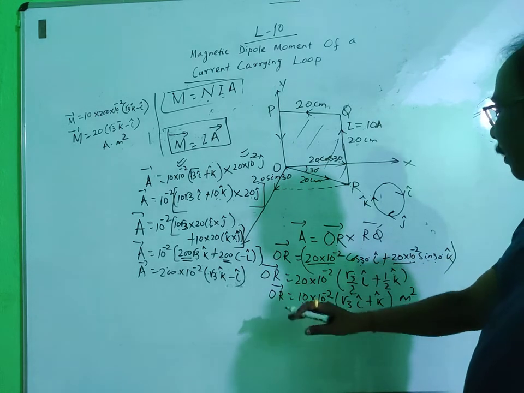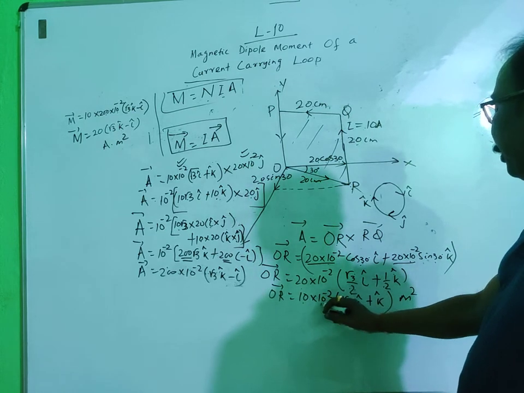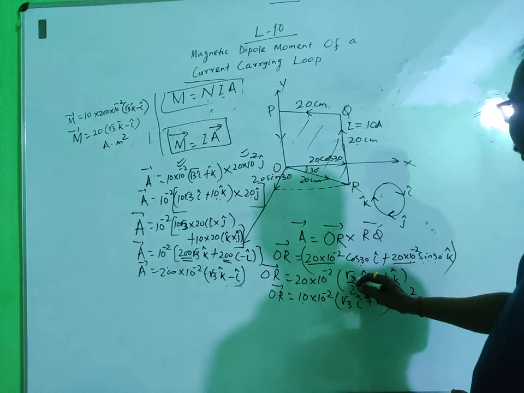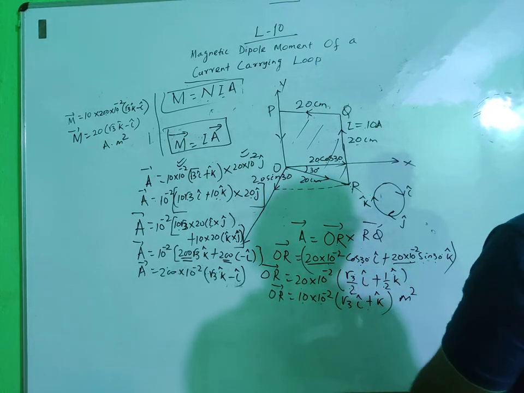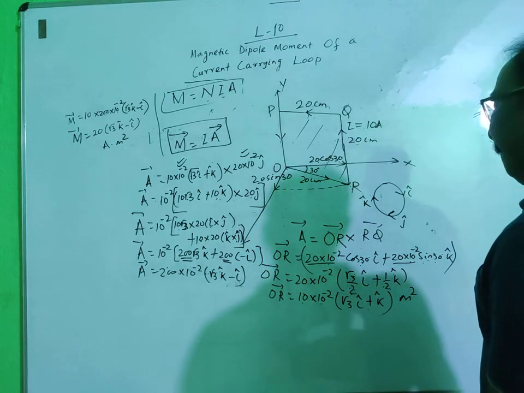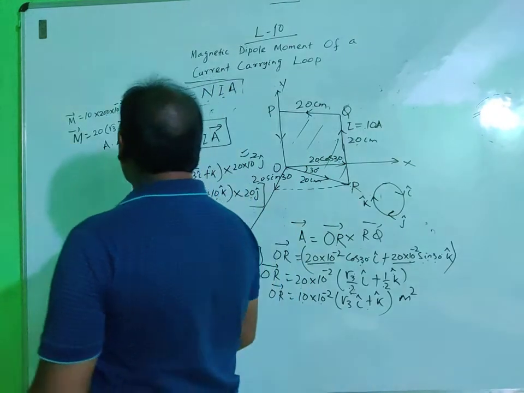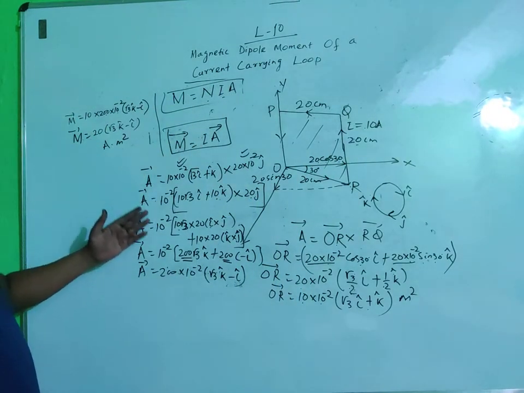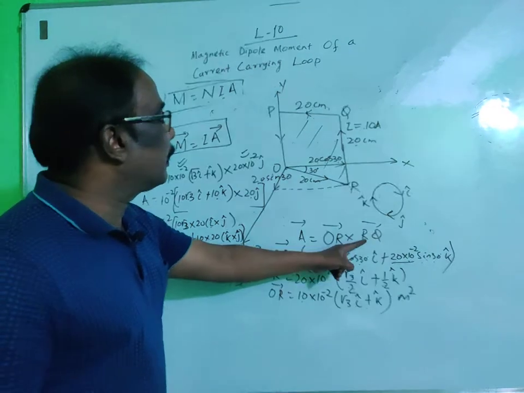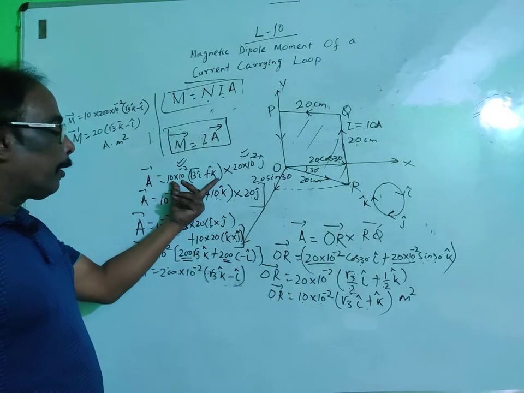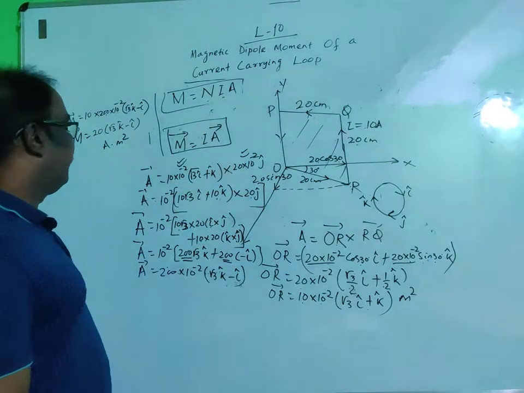Bring 10 into 10 to the power minus 2 common, inside the bracket it is root 3 i cap plus k cap. Then the magnetic dipole moment: area is OR cross RQ, in place of OR. This is RQ along j cap.